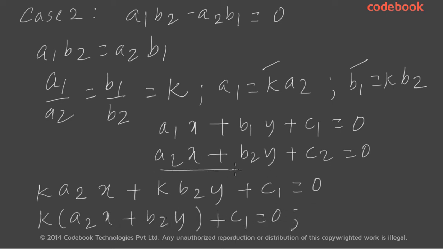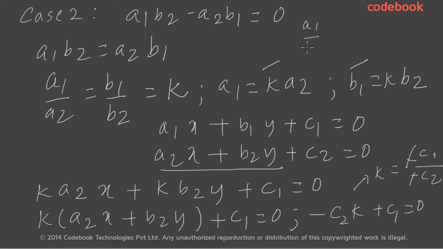But we know A2x plus B2y plus C2 equal to 0, which means A2x plus B2y is equal to minus C2. So this is minus C2 k plus C1 equal to 0. This means k is equal to minus C1 by minus C2, and the minuses cancel, so k is equal to C1 by C2. So A1 by A2 is equal to B1 by B2 is equal to C1 by C2.